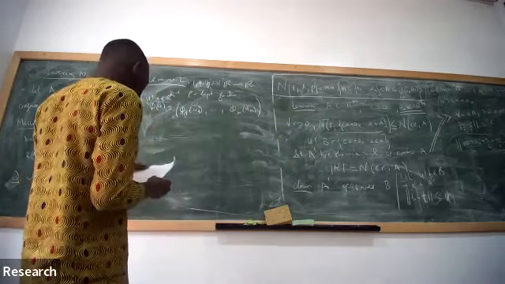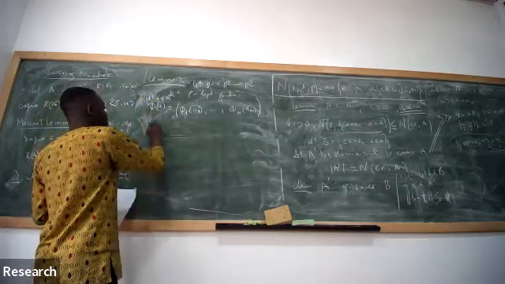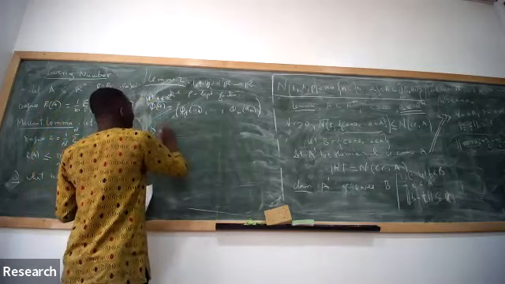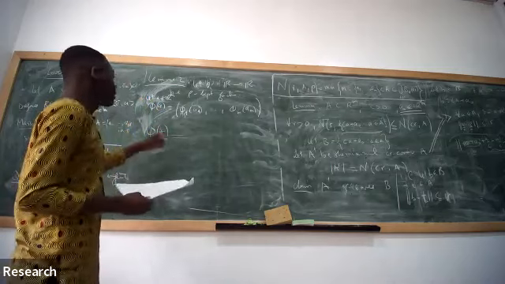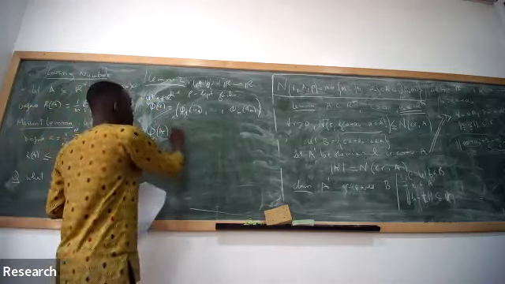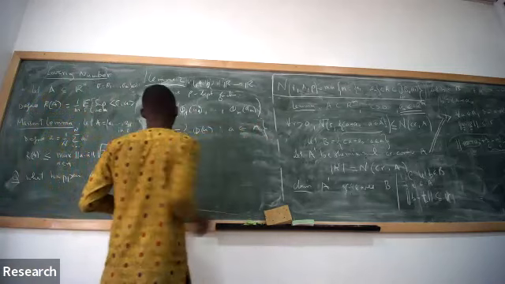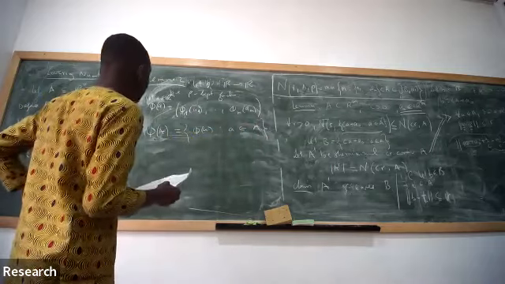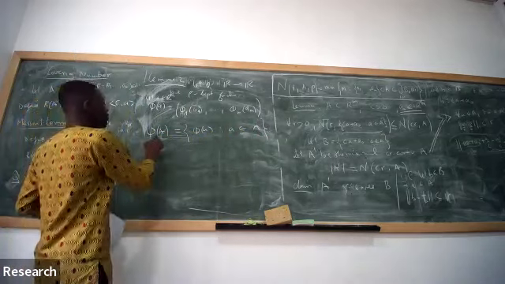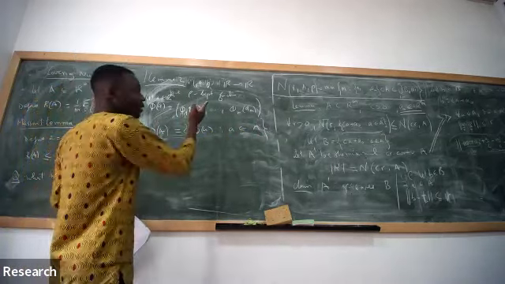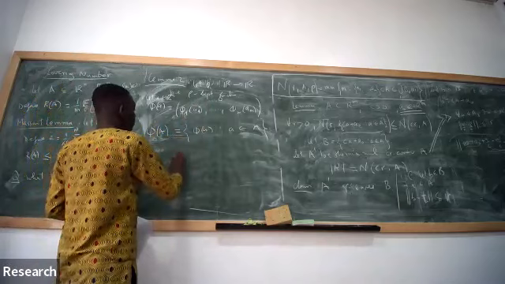So I want to evaluate the image of my set A by my Lipschitz function, which is phi of A. And by definition, this is just phi of A for A in the set. And the question here is how can we express the norm? What is the norm of phi of A?